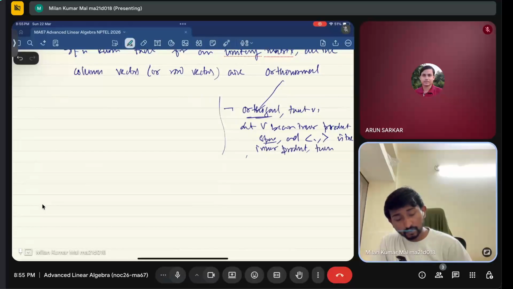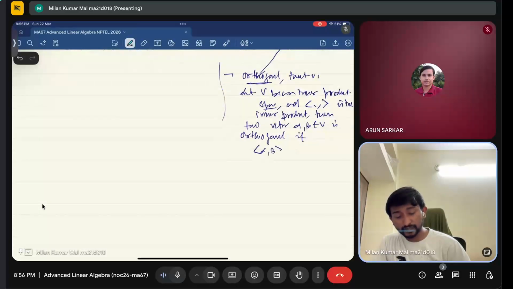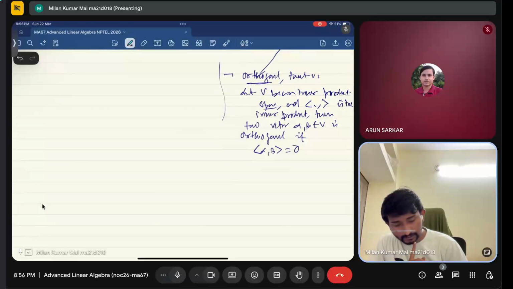Then two vectors alpha and beta in V are orthogonal if the inner product of alpha and beta is equal to 0.